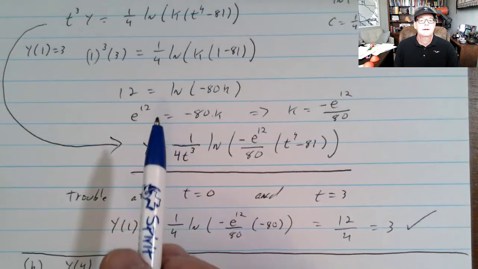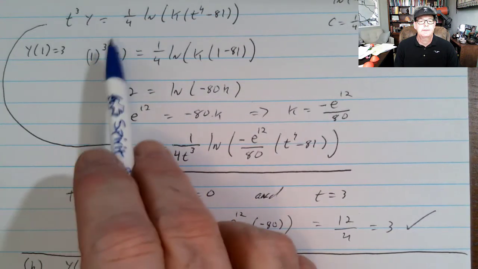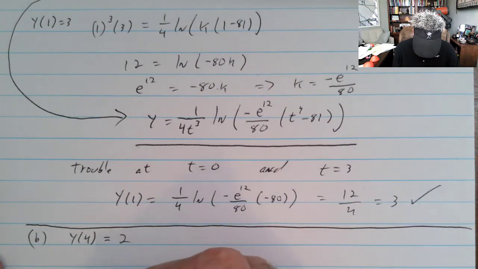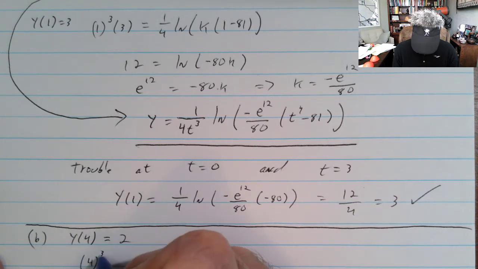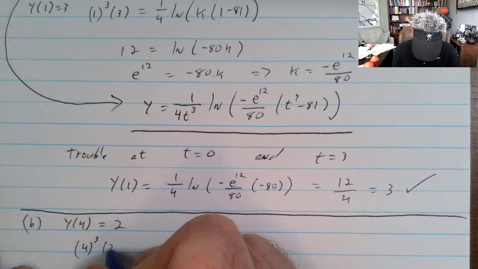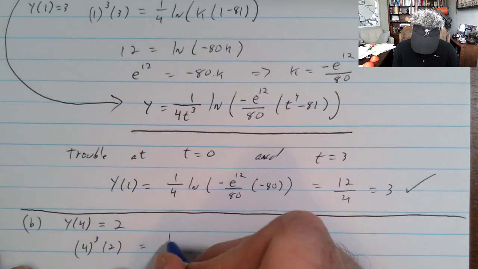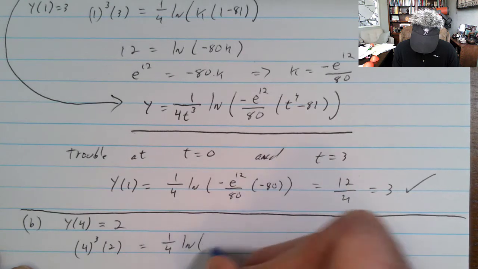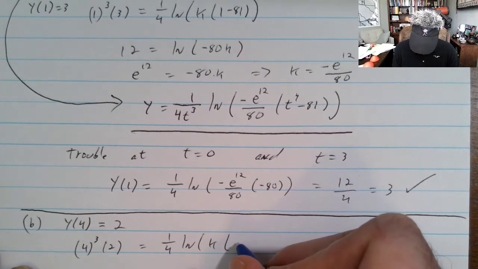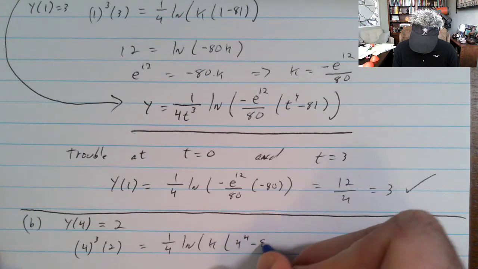So I can't quite see it. It's right about there. So we would have 4 cubed times y, 2, equals 1/4 natural log of k times 4 to the 4th minus 81.